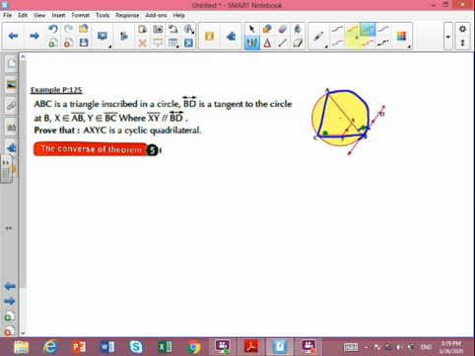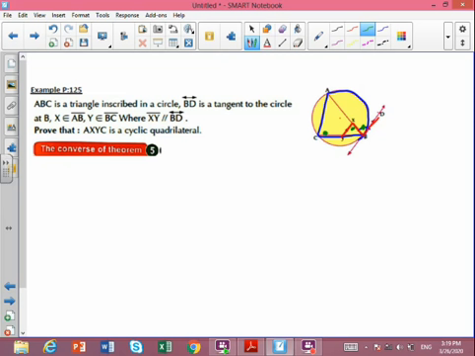Then the measure of angle ACY equals, where is the angle? Yes, BD and XY. So the measure of angle what? Yes, letter Z. Here letter Z, the YXB. So this angle will be equal to this one. Okay, letter Z to BXY.